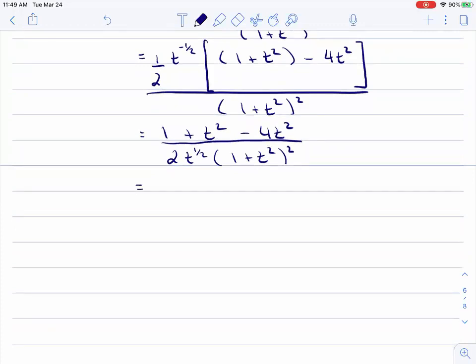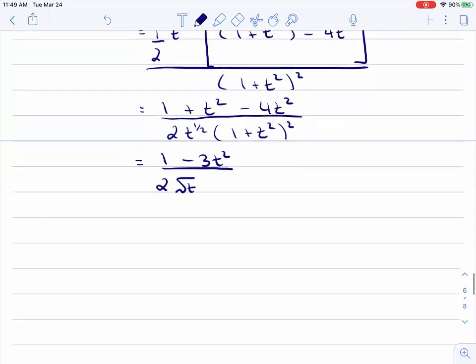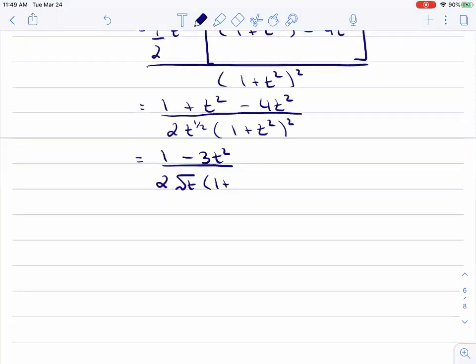Simplifying a little bit, 1 plus t squared minus 4t squared gives 1 minus 3t squared over 2 root t, just rewriting it as a root, times 1 plus t squared, squared. That's as simplified as we need it to be.